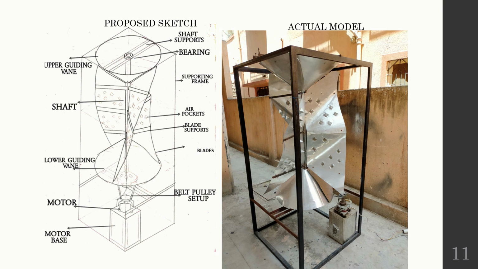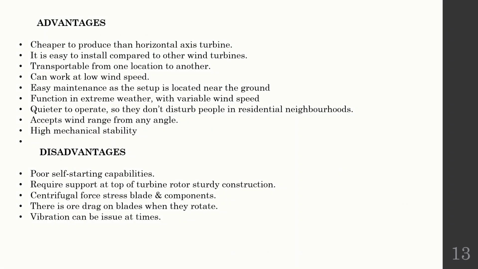At the same time, the guide vanes help in diverting the wind towards the blades of the turbine, helping the flow of wind and thus improving the rotation of the wind turbine. As the blades rotate, they also rotate the shaft. This rotation obtained on the shaft is further transferred to the motor by means of a belt pulley setup.